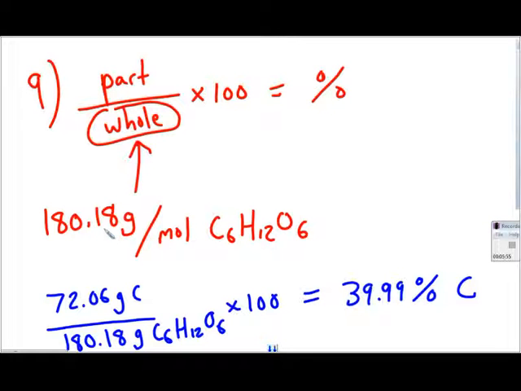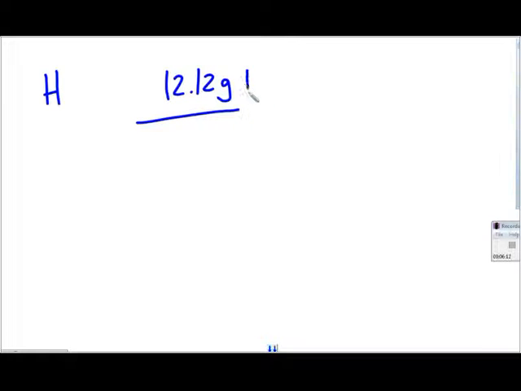Let's take a look at the second part, hydrogen. Hydrogen is 12.12 grams. The whole thing, as we just mentioned, is 180.18 grams.